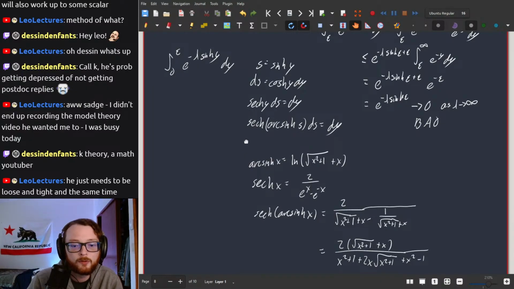Root x squared plus 1. I composed them wrong. I don't see how.